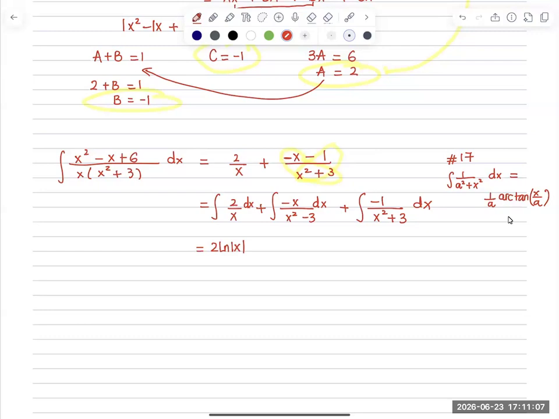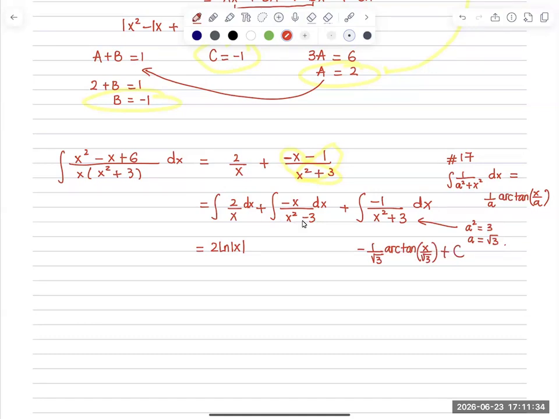This one has the negative, so we can keep the negative in front. So we have negative 1 over root 3 arctan of x over root 3, and of course plus C at the end.